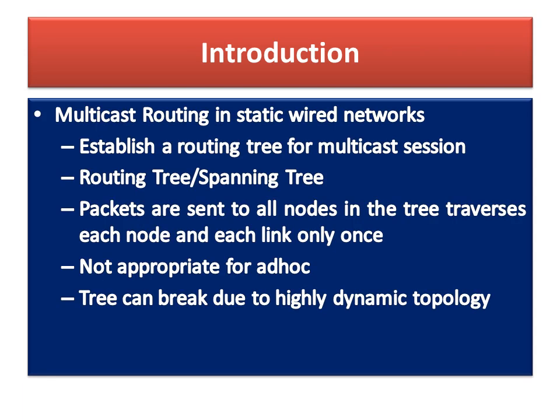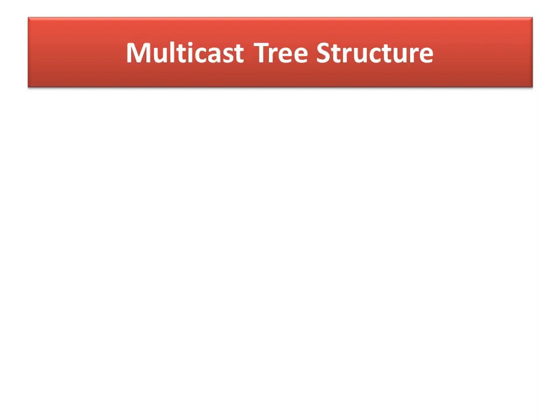So this is the idea: the trees can break due to the highly dynamic topology. In a spanning tree, the packets are sent to all the nodes in the tree, which means they traverse each and every link only once. So you are trying to have a path being maintained, but that can actually break.